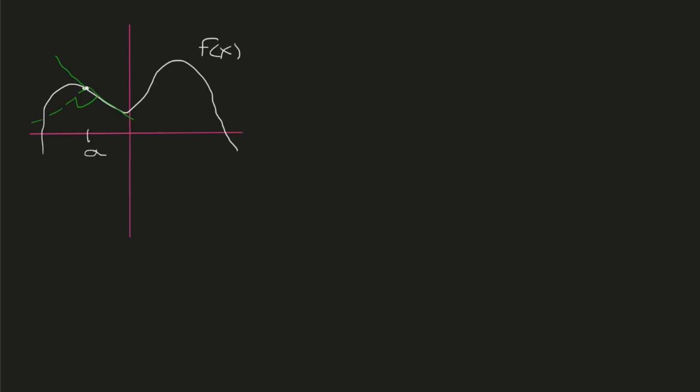So to write that down, let's call this function m of x. So the slope of m of x equals the derivative of f of x at point a.